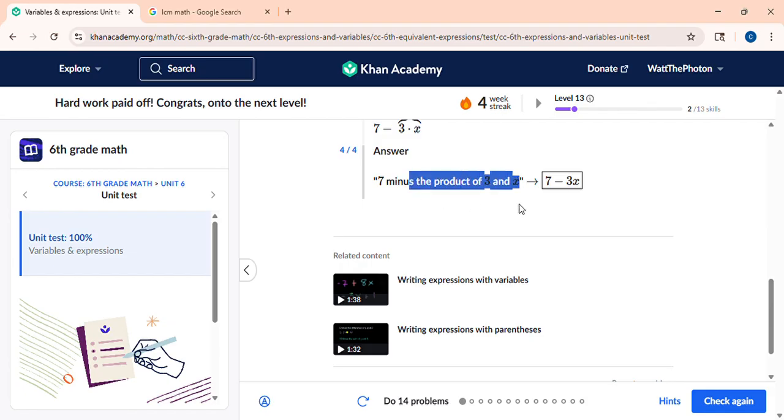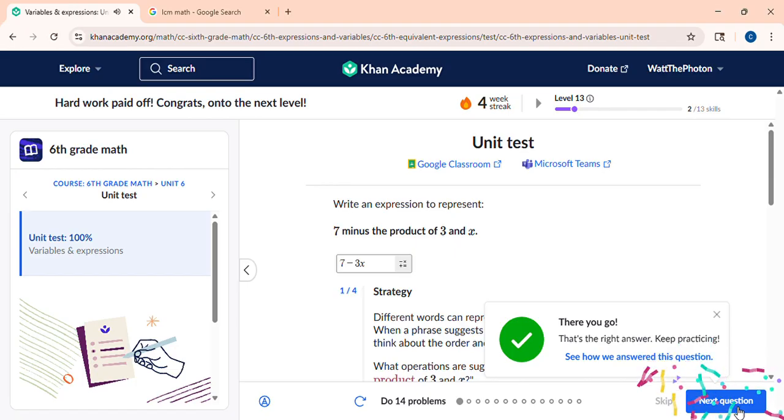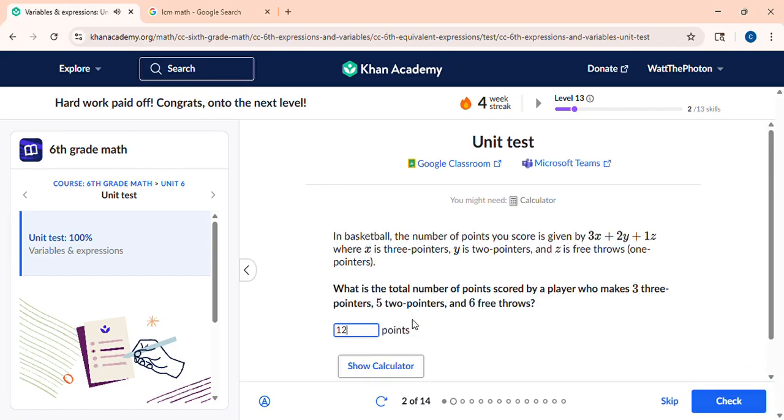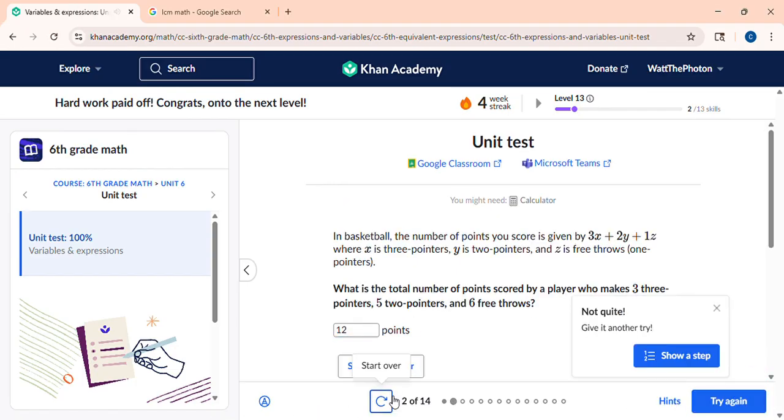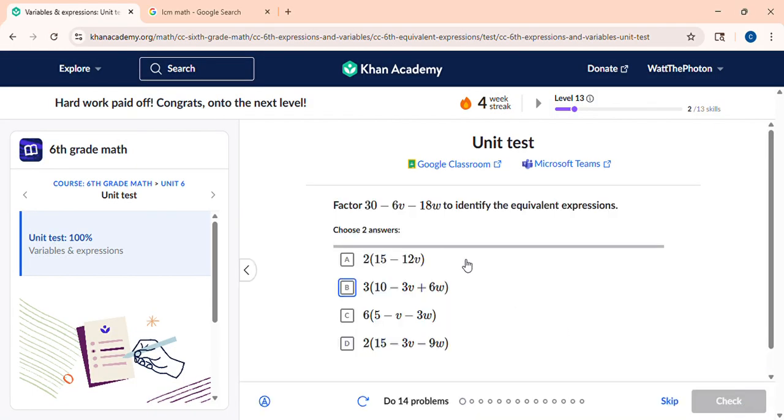I guess it should have said the product of 3x. Okay, I misunderstood it. Oh well. 3x. We get it wrong, so we can restart. Start over, and we are forgiven.